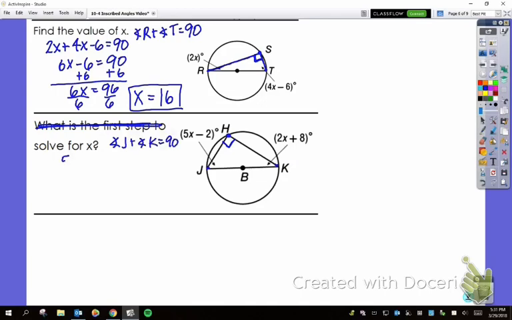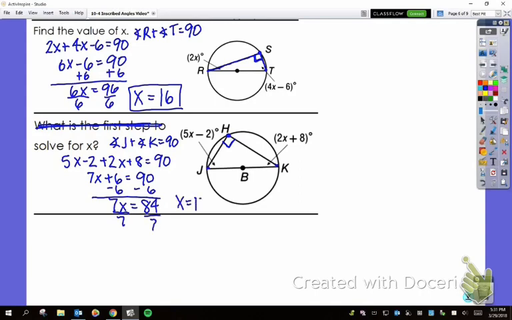Which means we would say 5x minus 2 plus 2x plus 8 equals 90. So we get 7x plus 6 equals 90. Subtract 6. We get 7x equals 84. Divide by 7. And you end up getting x equal to 12.